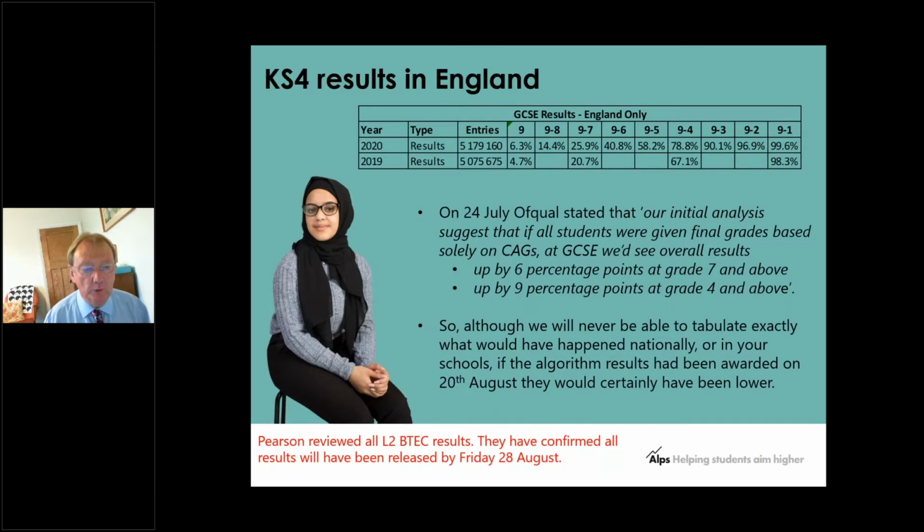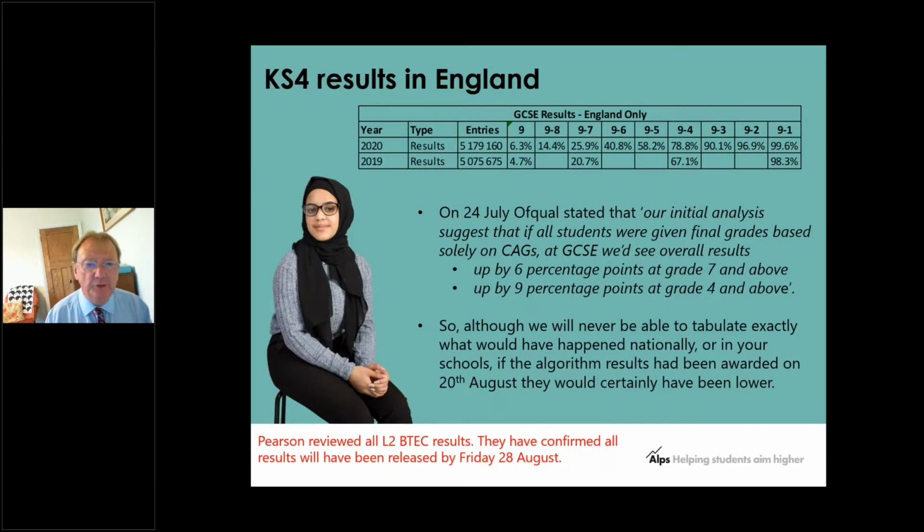The algorithm had its ugly way with the A-level results, but within days, the algorithm had been booted into touch, later to be described as a mutant algorithm by Mr. Johnson, and the calculated results were no more, and the centre assessed grades, the CAGs, had taken over and been awarded for A-level. And of course, then 3 days later, on the 20th, young people all around the country received their GCSE results based on the CAGs.